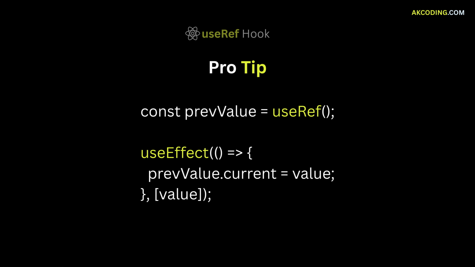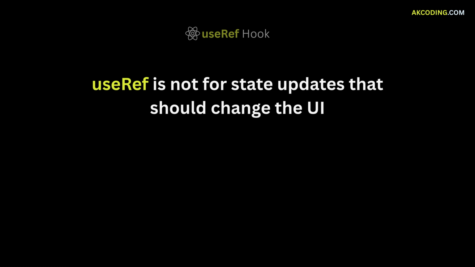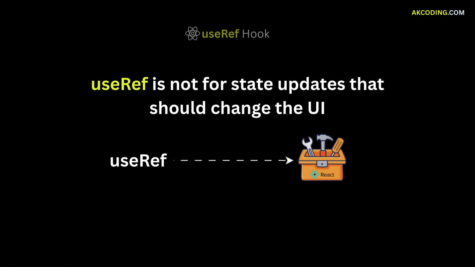In useEffect, you can preserve your previous state, that is previousValue.current = value. This lets you compare current and previous values without causing extra re-renders. Super powerful, right? useRef is not for state updates that should change the UI. It's a tool for persistence without reactivity.